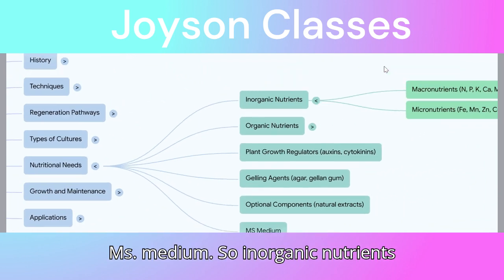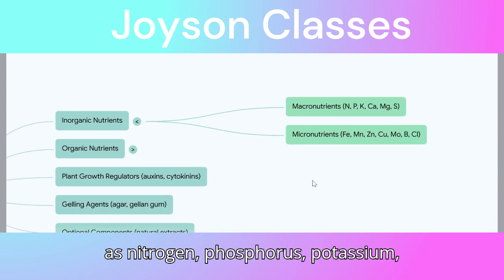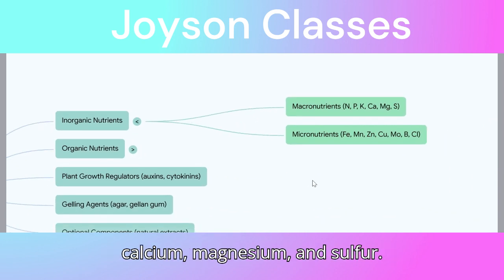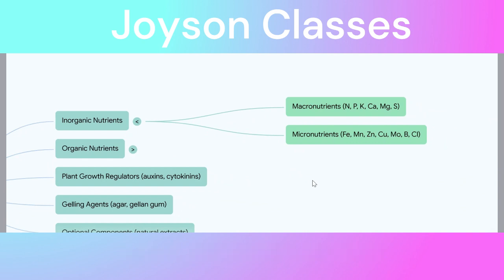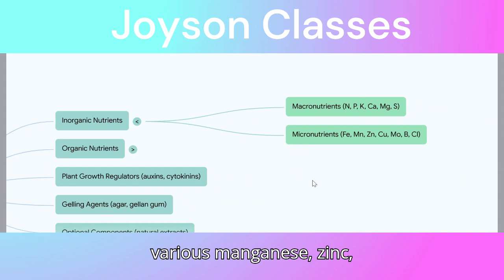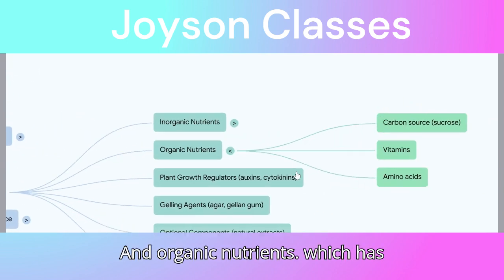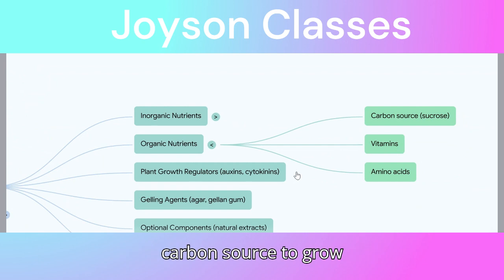Inorganic nutrients include macronutrients such as nitrogen, phosphorus, potassium, calcium, magnesium, and sulfur. Micronutrients contain iron, manganese, zinc, copper, molybdenum, boron, and chloride. And organic nutrients such as carbon source, glucose, vitamins, amino acids.